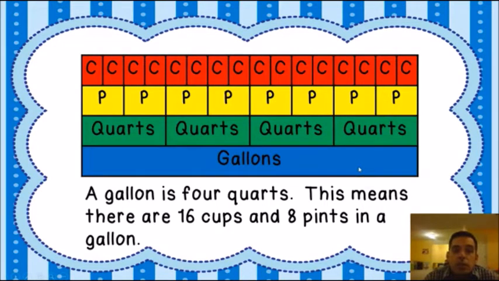I abbreviated the word pint and just put a P. And we know that there are 2 cups for every pint. So if there are 8 pints in a gallon, then there are 1, 2, 3, 4, 5, 6, 7, 8, 9, 10, 11, 12, 13, 14, 15, 16. There are 16 cups in every gallon.